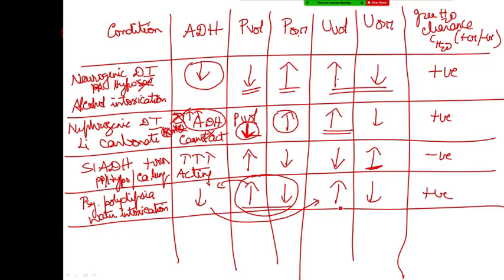Now here, plasma and urine look similar. They can never be the same. But why is it looking similar? We started from the cause, what happened first, and the urine is showing you only the effect. And following this urine, if I again ask you what happens to plasma volume and osmolarity, it should be in the opposite direction. But it's too confusing here, so I'm not asking you again what will happen to plasma.